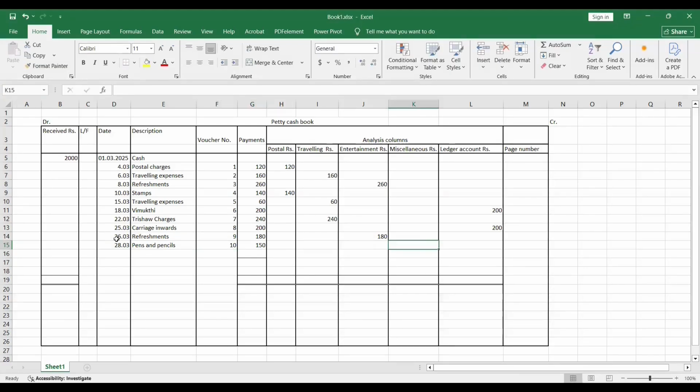When it comes to this transaction, we don't have a separate analysis column to record this, so we record this in the miscellaneous expense column.